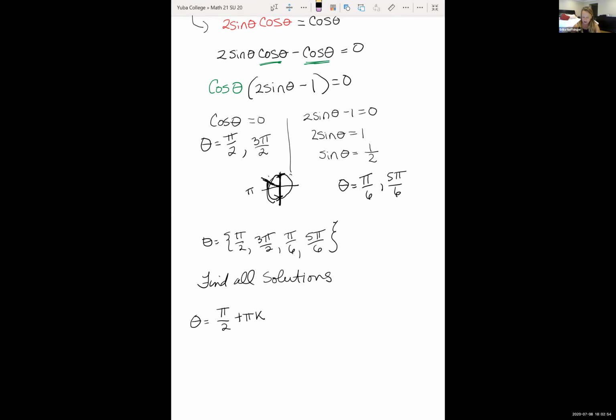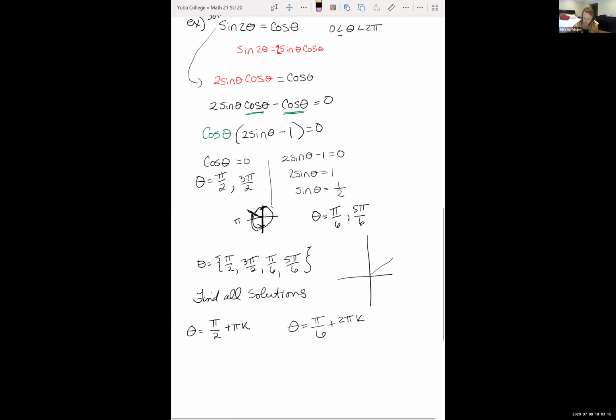And if I think about where pi 6 is, I would do theta is equal to pi 6. But to get to pi 6 again, I would have to add 2 pi k. And then for theta to get to 5 pi 6, I'd have to add another 2 pi k.